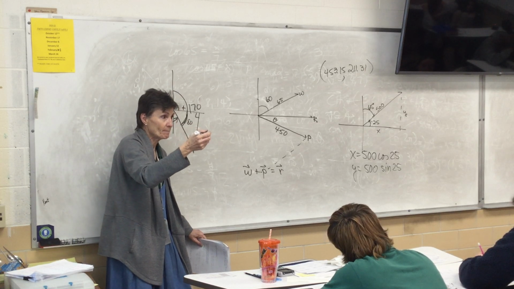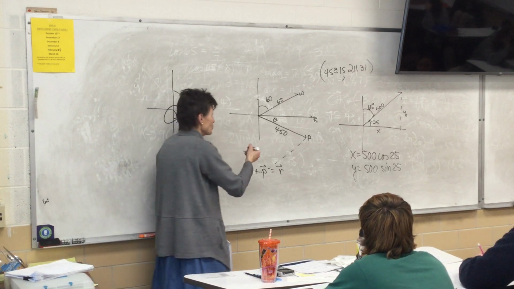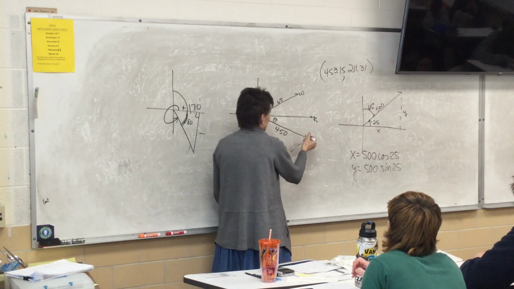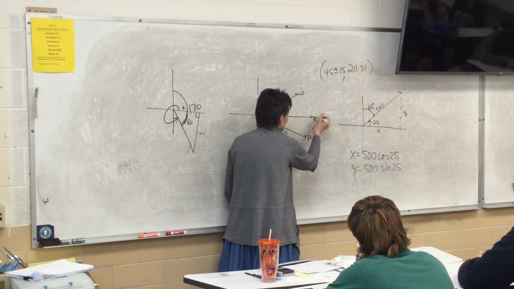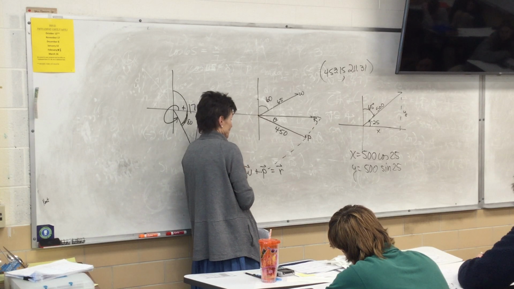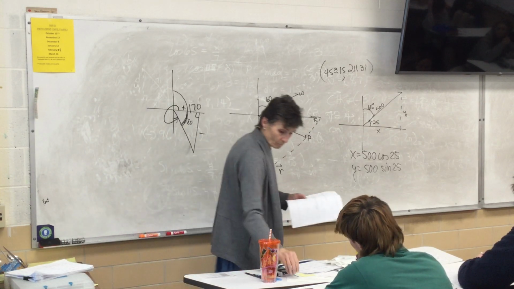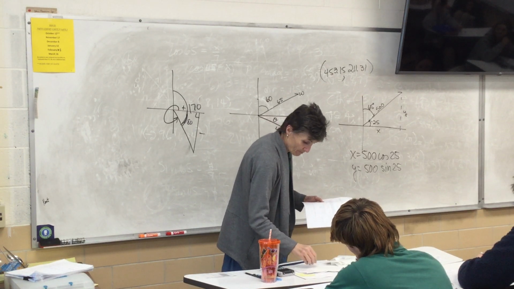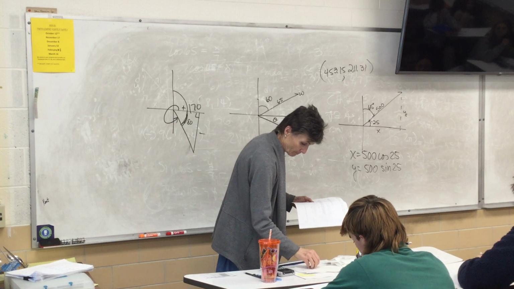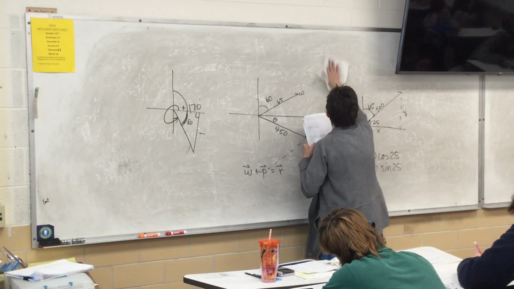Would you agree with that? So when I put these two vectors together, I want to end up with this one right here. What are the components of the wind? You can do that for me. What's the X for the wind?